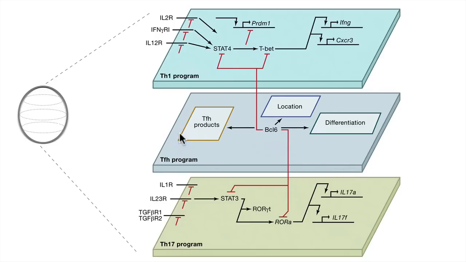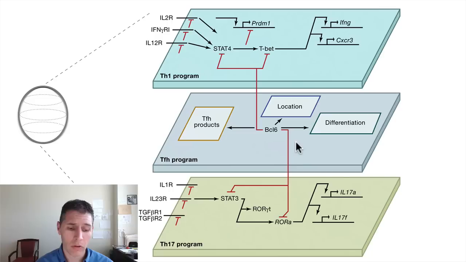And the TFH program, as just described, consists of several modules, products of TFH location and differentiation, and those genes are controlled by BCL6 and other TFH-associated transcription factors.